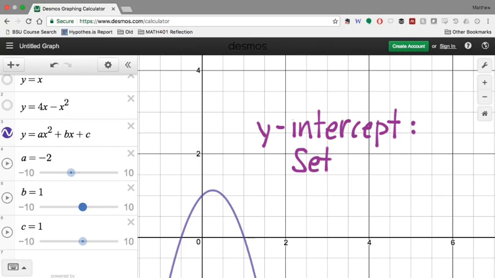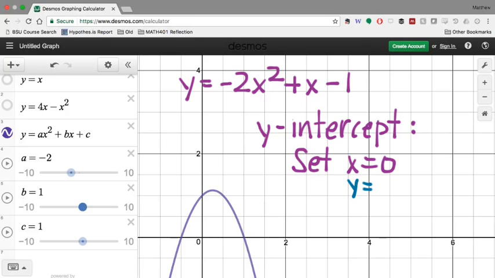Yeah, set x equal to 0 and use the equation, which I have to write the equation of this parabola. Here a was -2, so this is -2x squared plus 1x minus 1. And so if I set x equal to 0 in that equation, I'll find y equals -2 times 0 squared plus 0 minus 1, and now something's fishy.